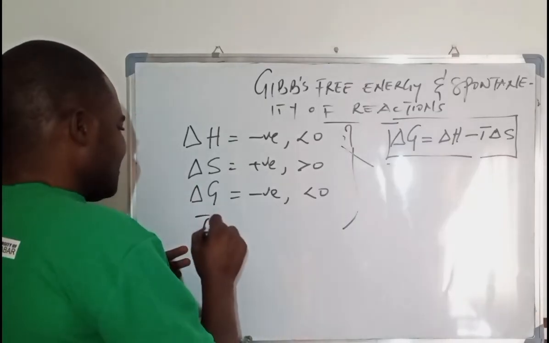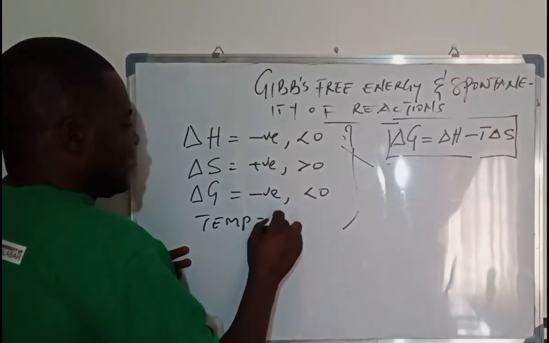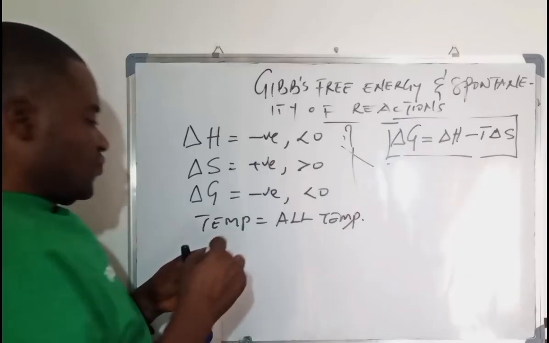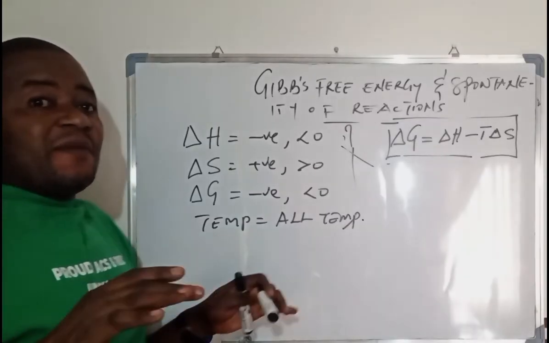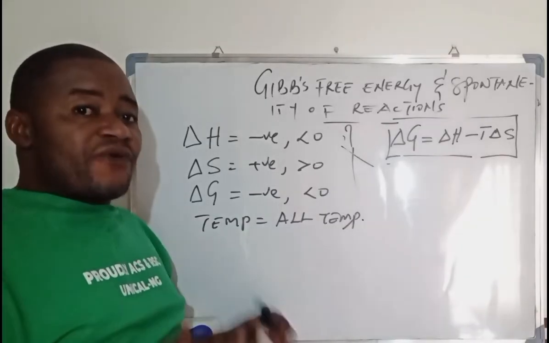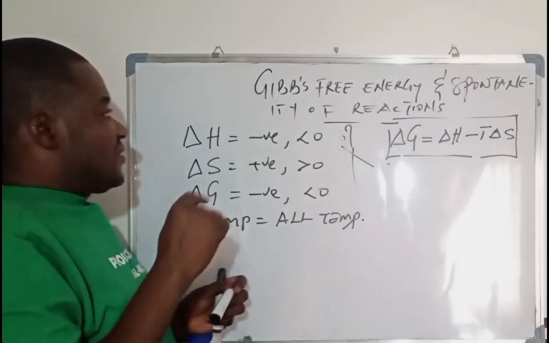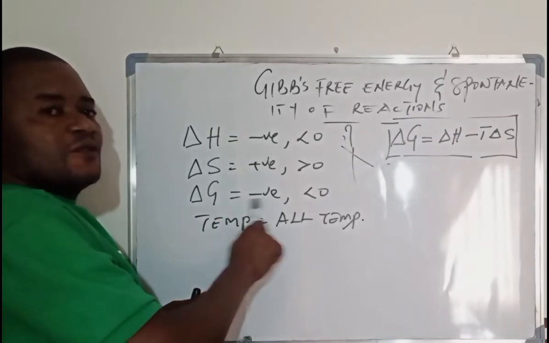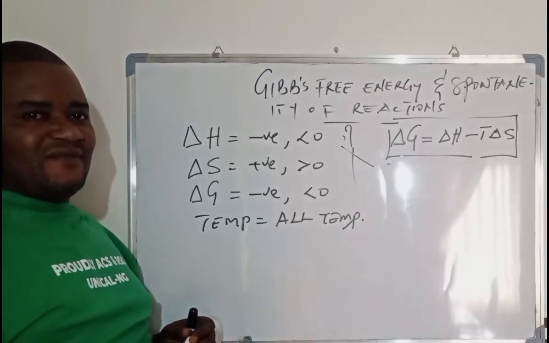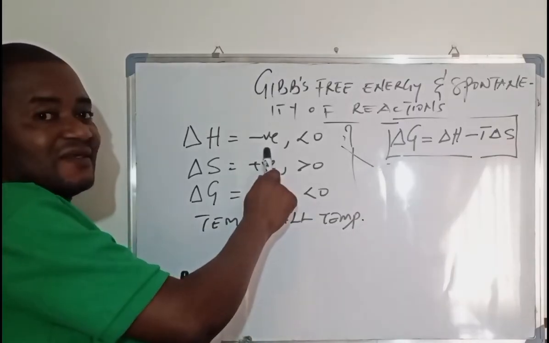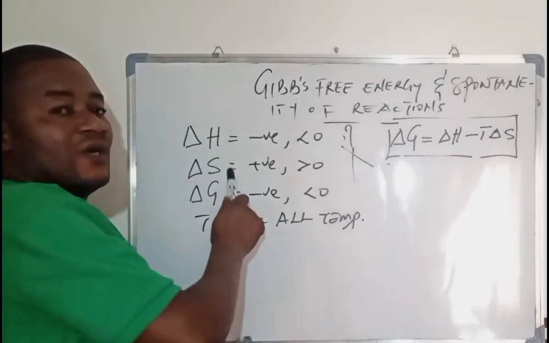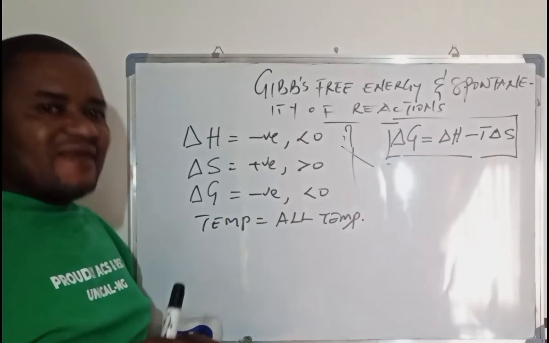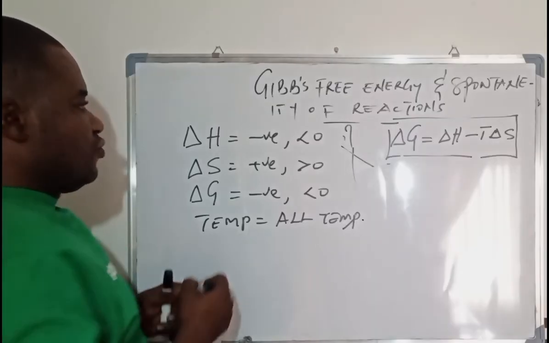So it means that at any temperature you use in operating your system, exothermic reactions will always be what? Spontaneous. Exothermic reactions that give rise to an increased entropy will always be what? Spontaneous at any temperature that you choose to work with.